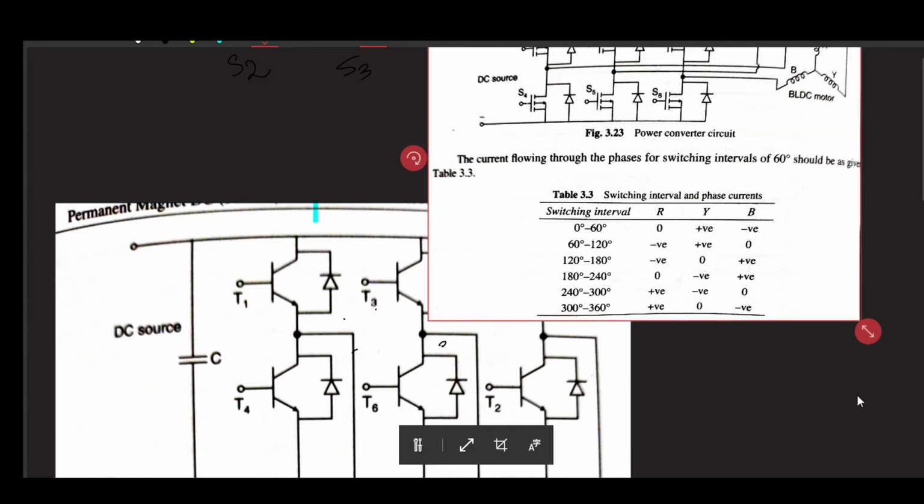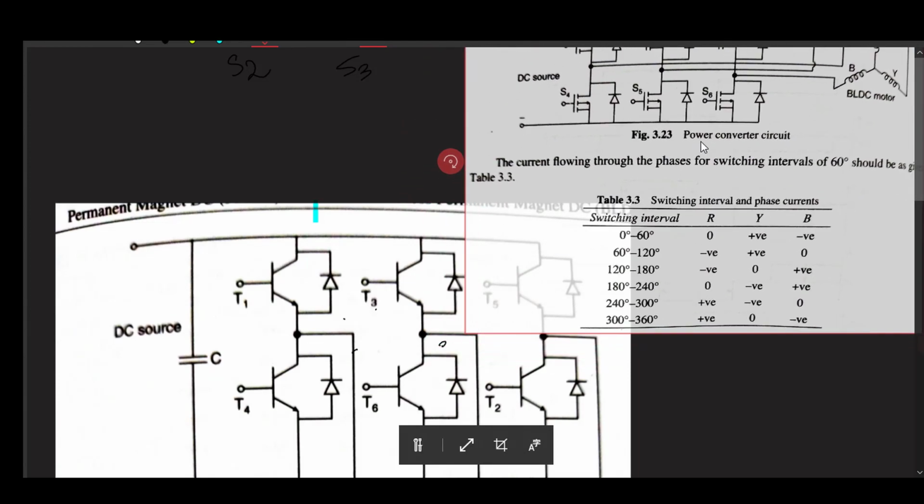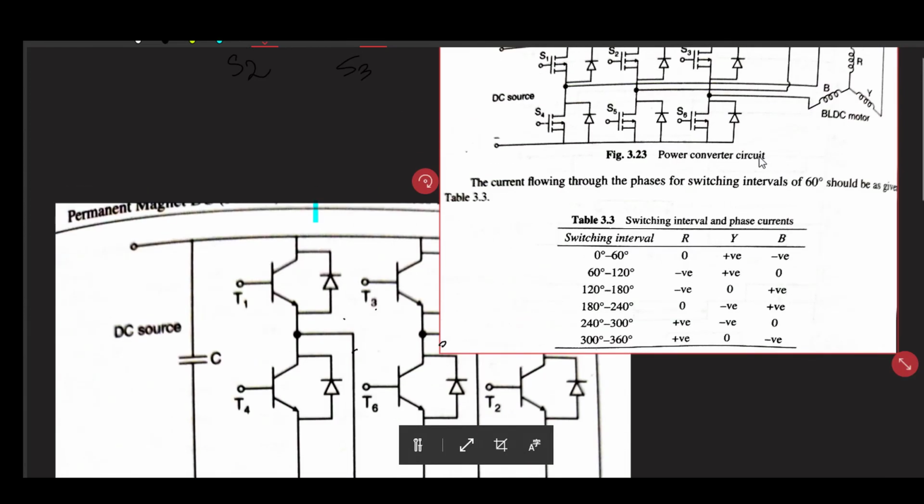This was in that case when we are talking about 120-degree, it was the switching interval and our phase currents, right? Now here it is somewhat different.